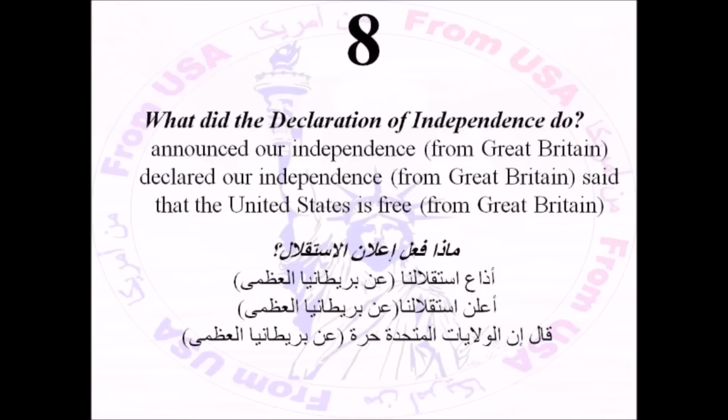Number 8. What did the Declaration of Independence do? It announced our independence from Great Britain, or you can say it declared our independence from Great Britain, or it said that the United States is free from Great Britain.